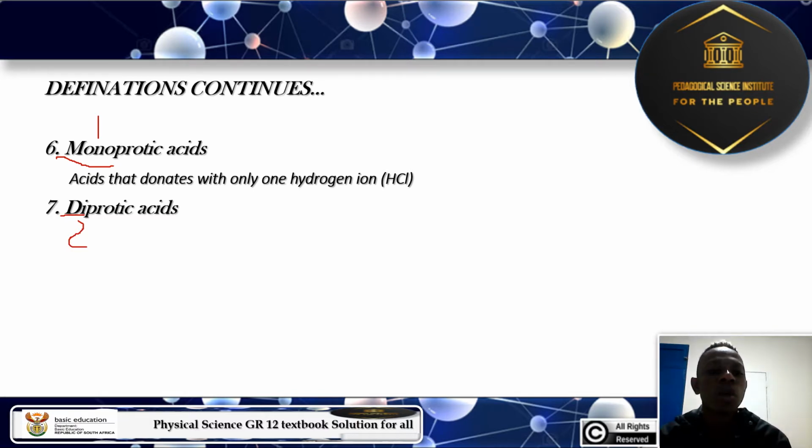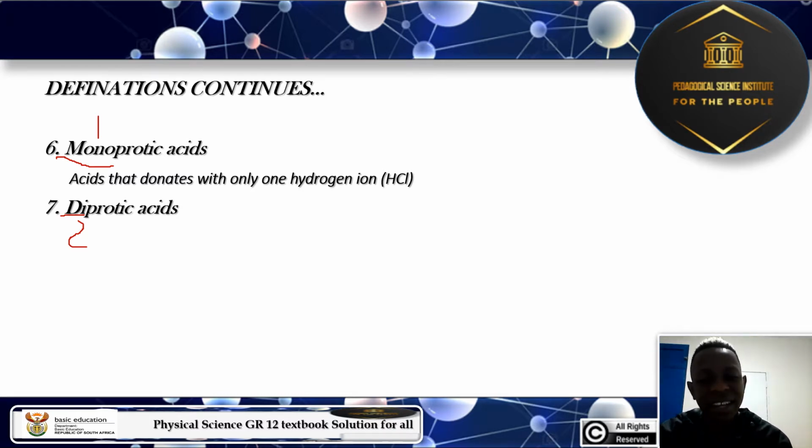So monoprotic acids are acids that donate only one hydrogen ion. Remember Bronsted-Lowry theory: acids are proton donors, they donate that hydrogen. So when we are saying monoprotic acid, those ones donate only one.